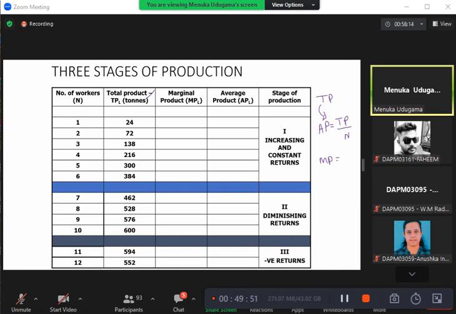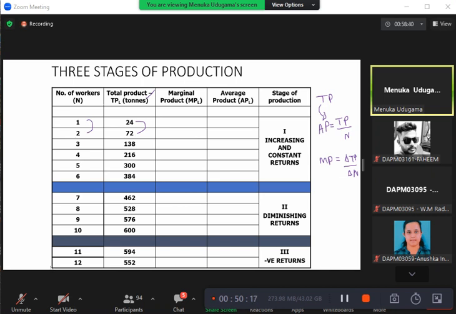Marginal product means the change in total product. Now this term marginal is familiar to you because we did something similar with utility. We calculated marginal utility. In the same way, we can calculate the marginal product. So we take the change in total product to a change in the number of workers. Right.